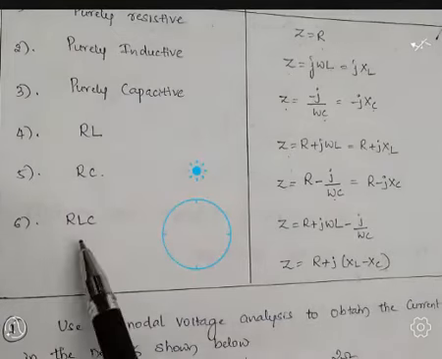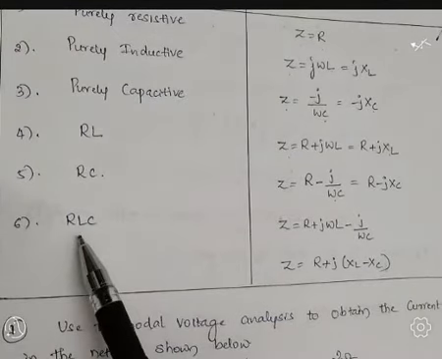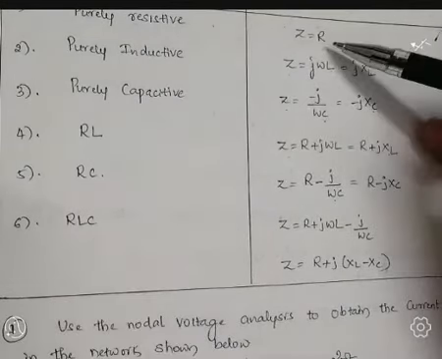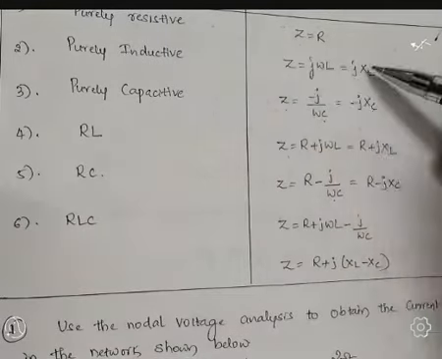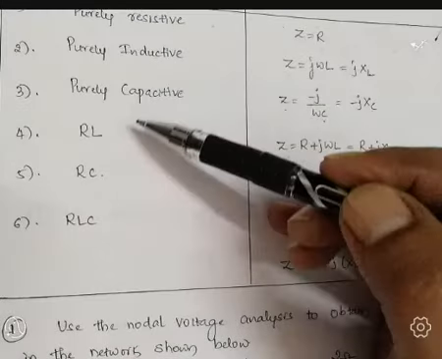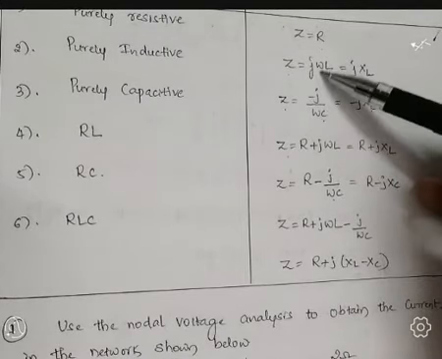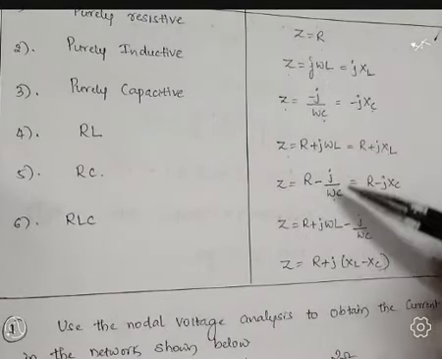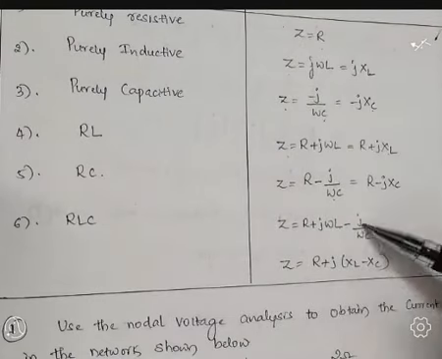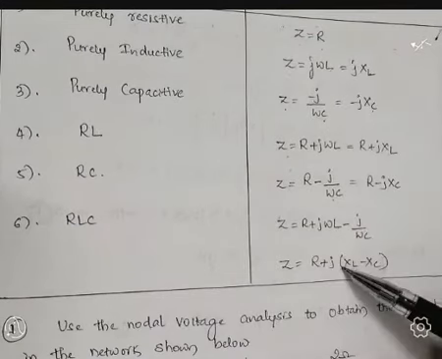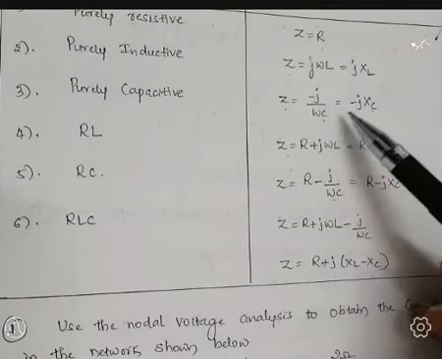Next, the last one: if the circuit is of type series RLC, it is a combination of three elements: resistor, inductor, and capacitor. Resistor is R, inductor is j omega L, capacitor is minus j divided by omega C. Combination of these three, hence we can write R plus j omega L minus j divided by omega C. j omega L is written as jXL, and 1 divided by omega C is written as XC.